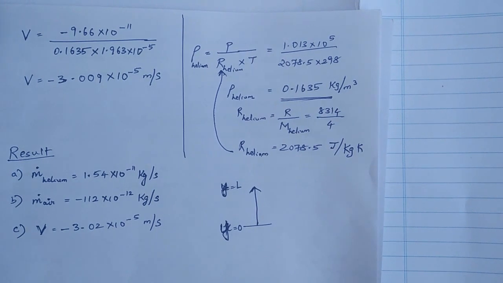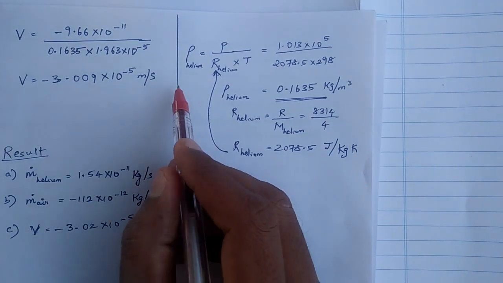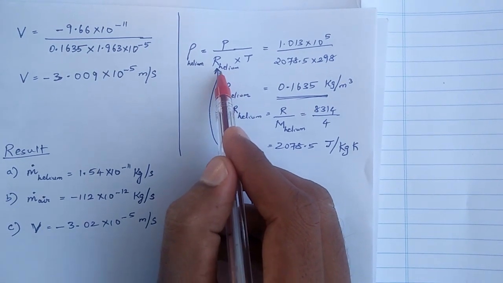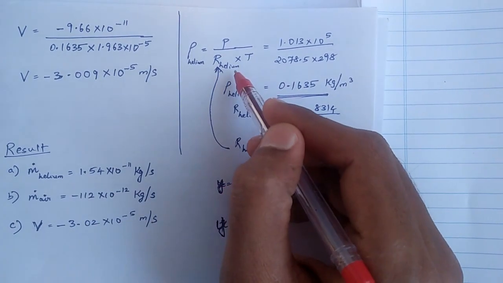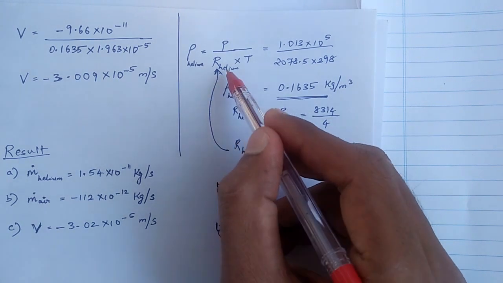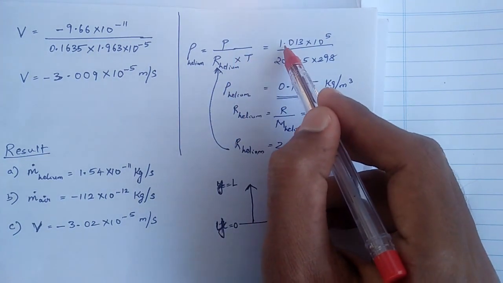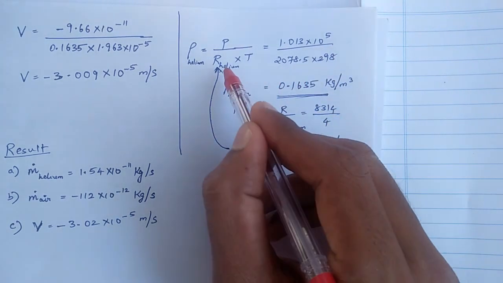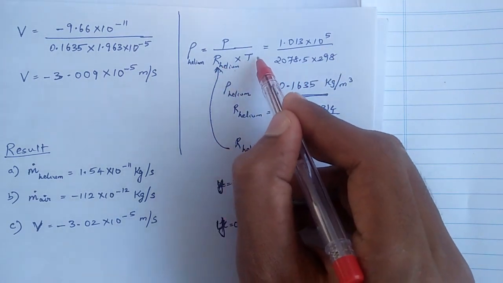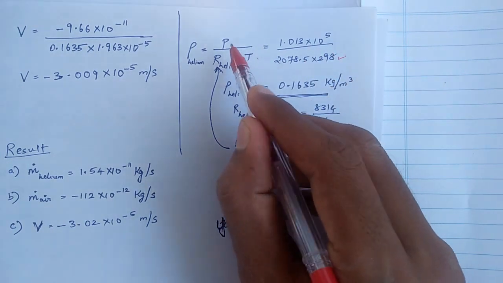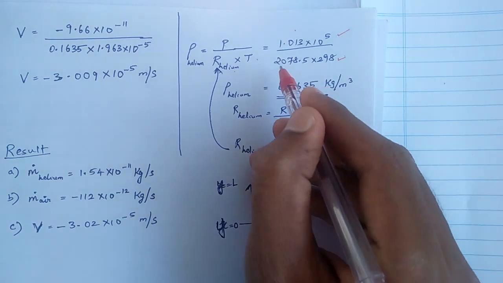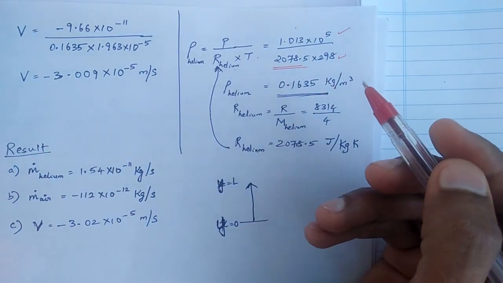So first we will see how we can arrive at the density of helium. Density is given by P by RT, where R is the characteristic gas constant of helium. Pressure is taken as 1.013 into 10 power 5 Pascal, R value for helium, into temperature. Temperature is 298 Kelvin. So how can you get this R value?